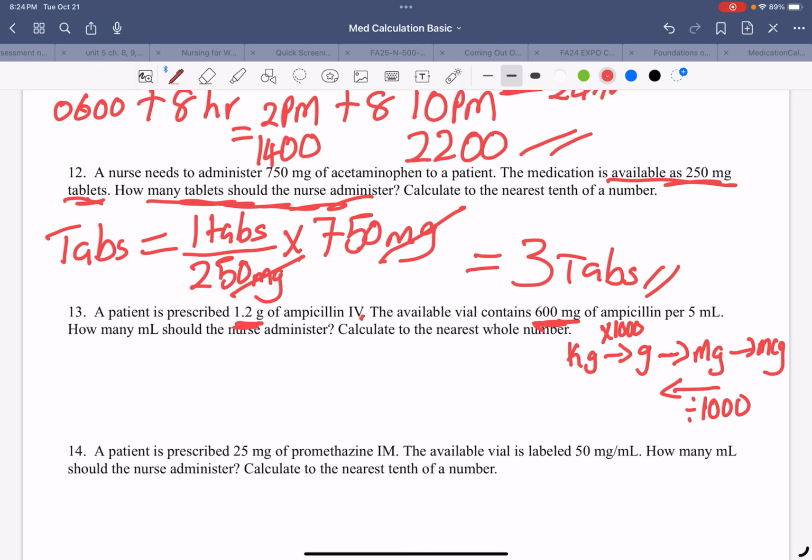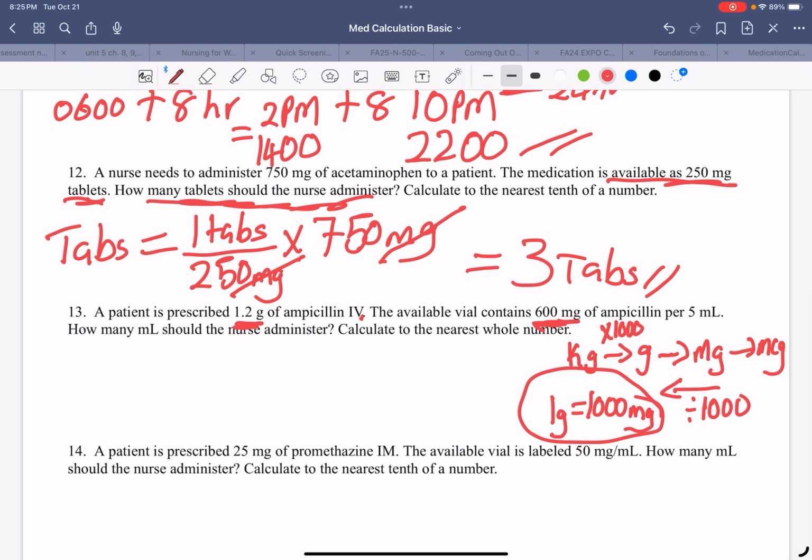So in this case, let's convert our gram to milligram. If I'm going from gram to milligram, that means for every 1 gram, multiply by 1,000 is equal to 1,000 milligram. That way you don't have to memorize that 1 kilogram equals 1,000 gram. You don't have to memorize that. Just use this trick.